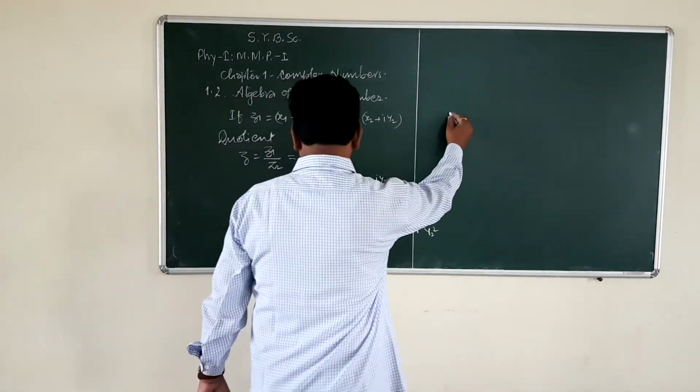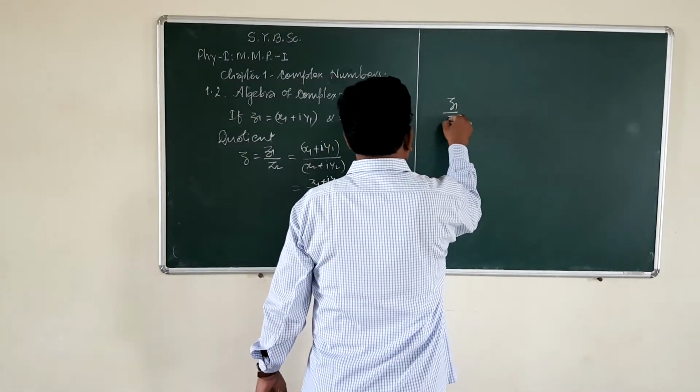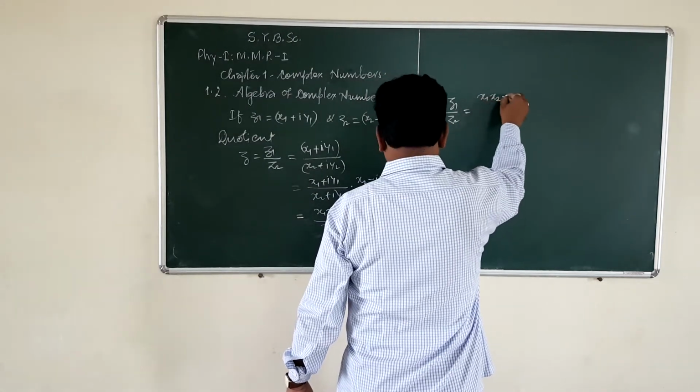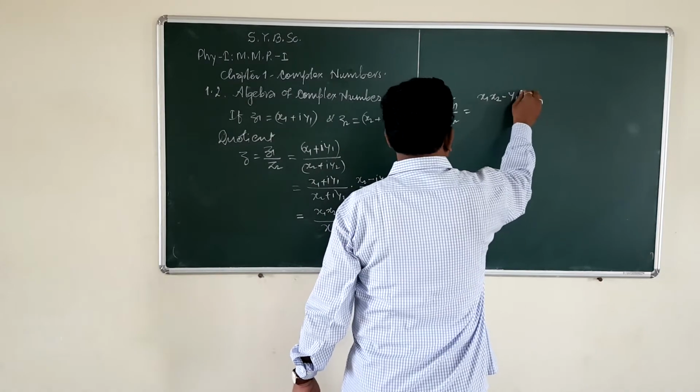We will get z1 upon z2 is equal to x1 x2 minus y1 y2.